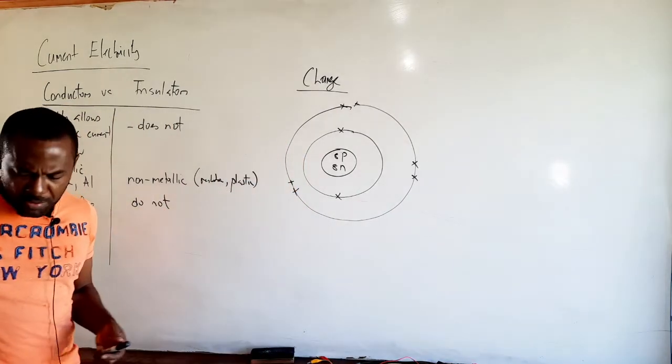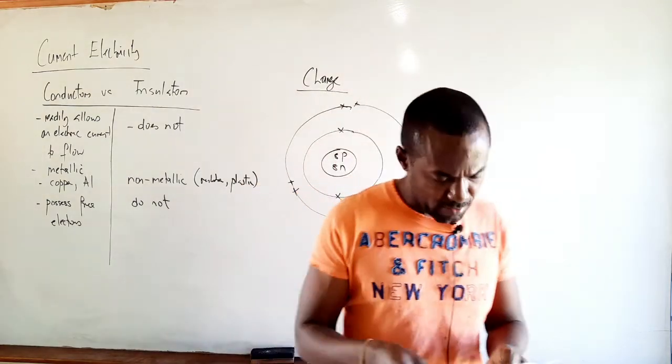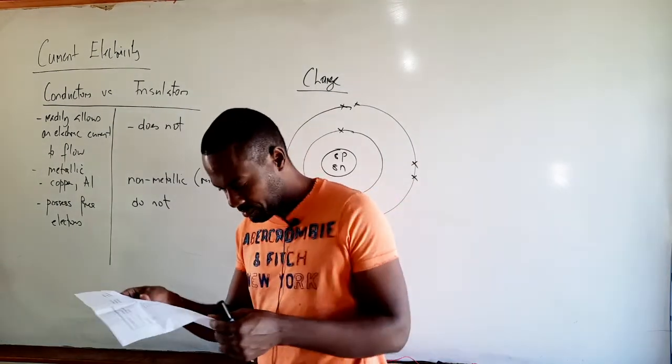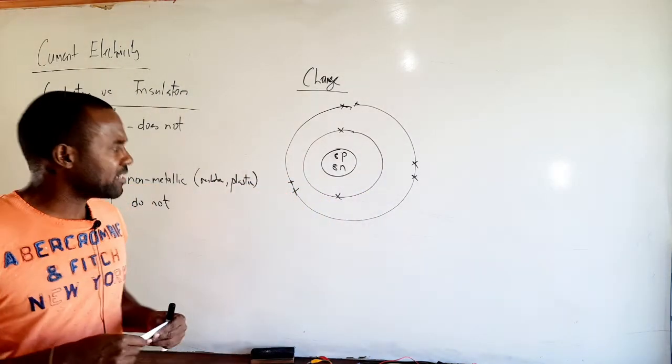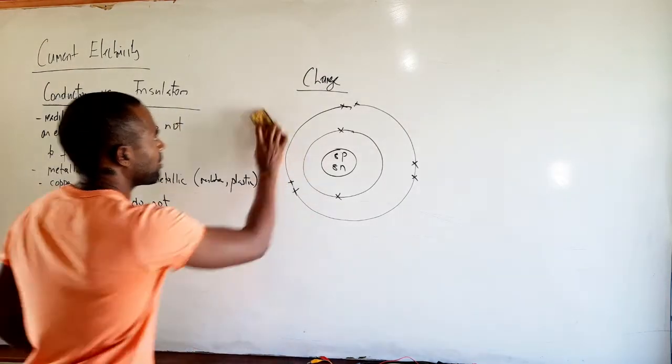All right, so we're able to look at conductors and insulators. Having looked at conductors and insulators, we're going to now focus on electric current.